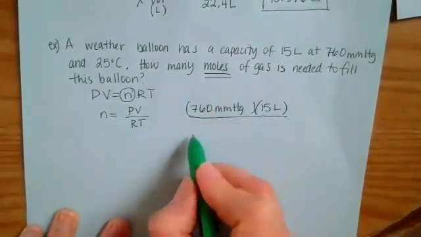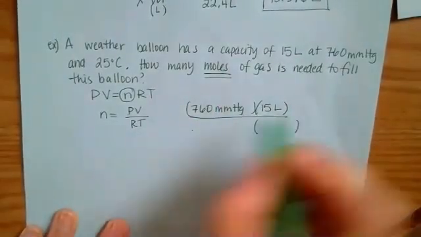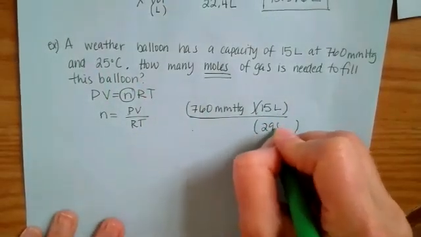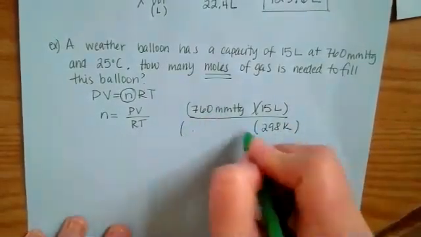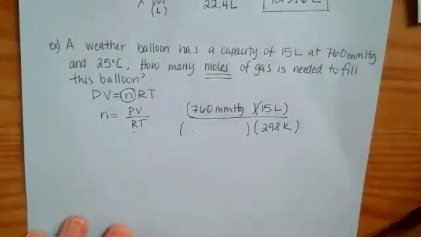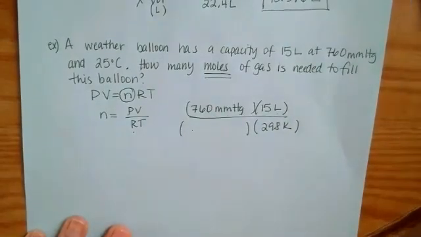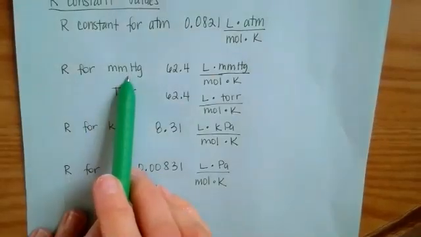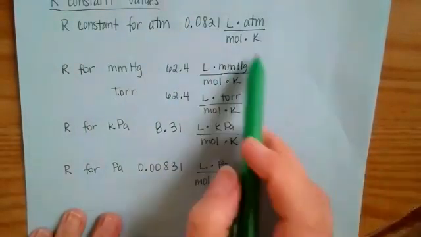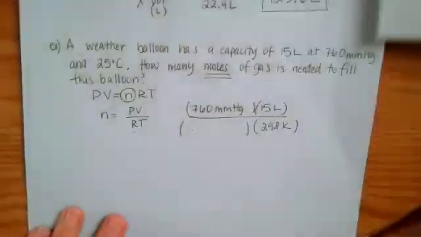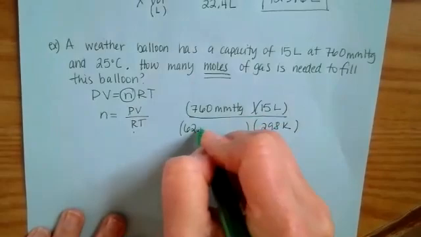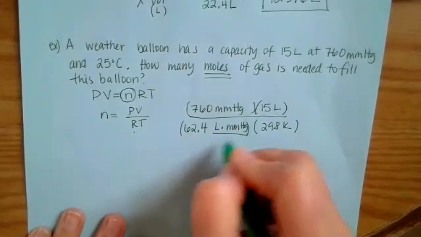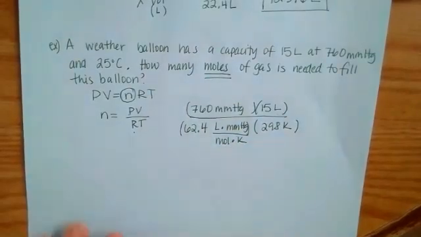And then I'm going to divide by my R constant times temperature. Let's do temperature right away. 25 plus 273 is 298 in Kelvin. Then I need to determine which R constant I need. I'm given pressure in mmHg. So I'm going to look back on my notes. The R constant for mmHg is 62.4, and that's my unit there. So I'm going to include that in my problem: 62.4 liters times mmHg, which is millimeters of mercury, divided by moles times Kelvin.